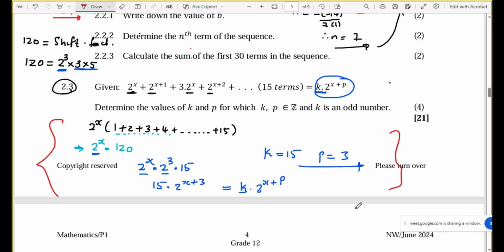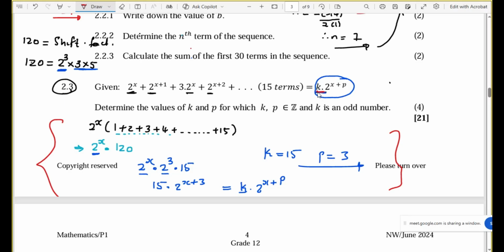Sir, can you please explain how you got k equals 15, p equals 3? I don't know if you divided or multiplied to get that. How I got what? How you got k equals 15 and p equals 3. Oh, look at this.